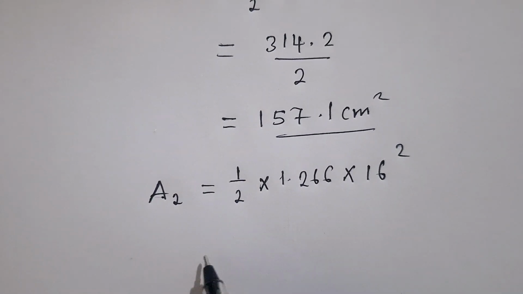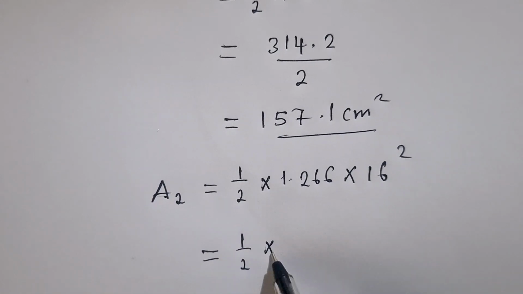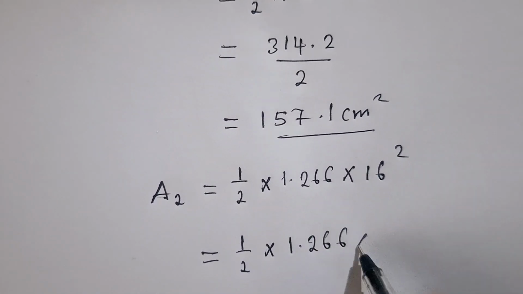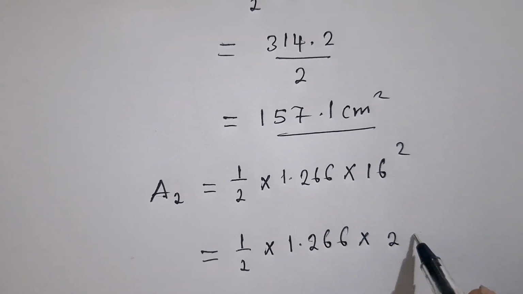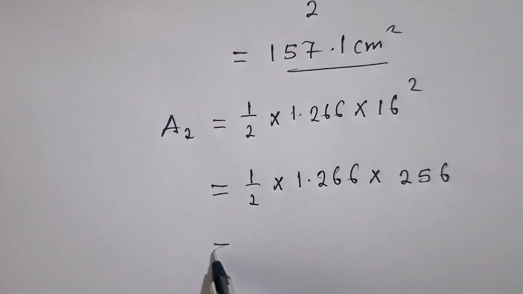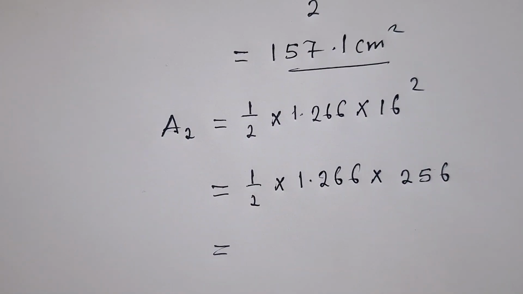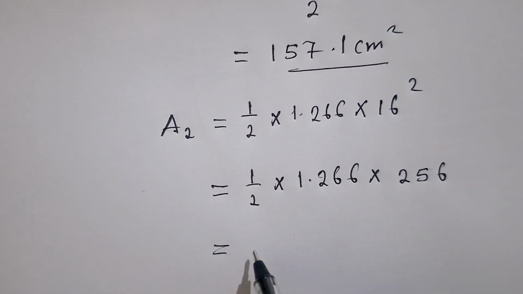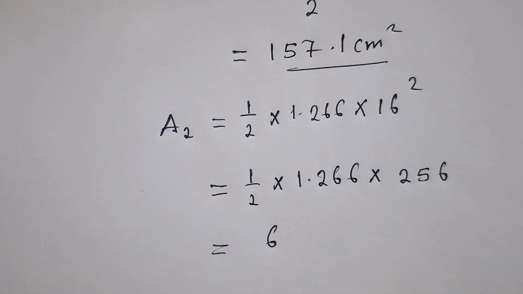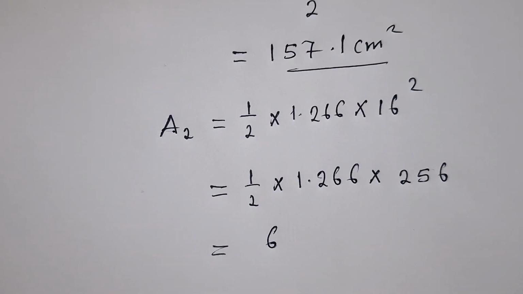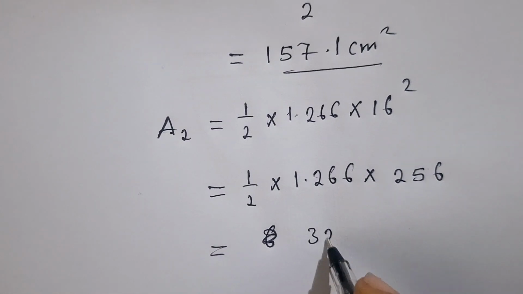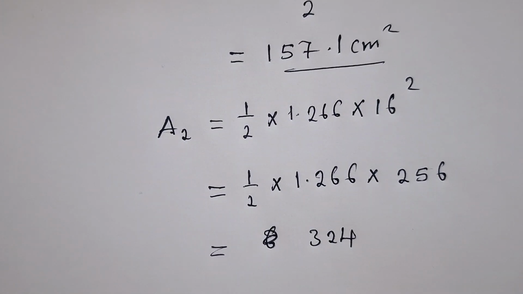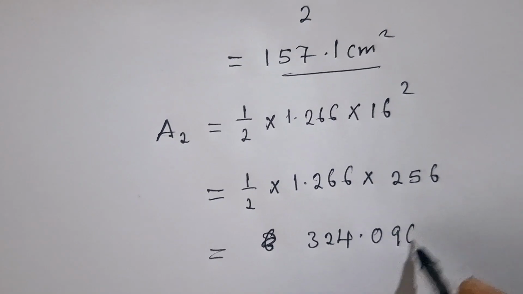So what is 16 squared? 16 squared is 256. 1.266 times 256 gives us 324.096.